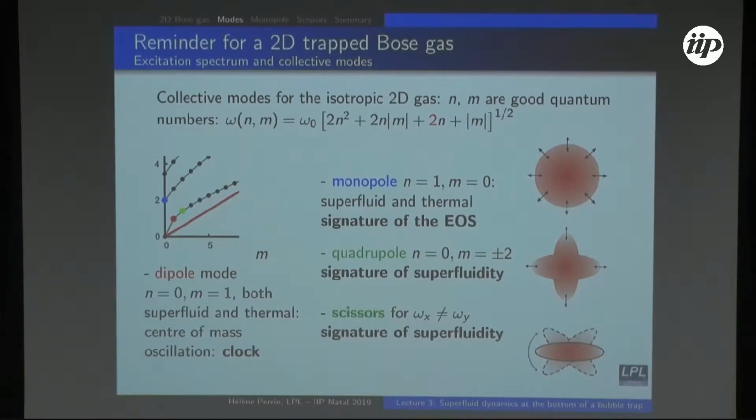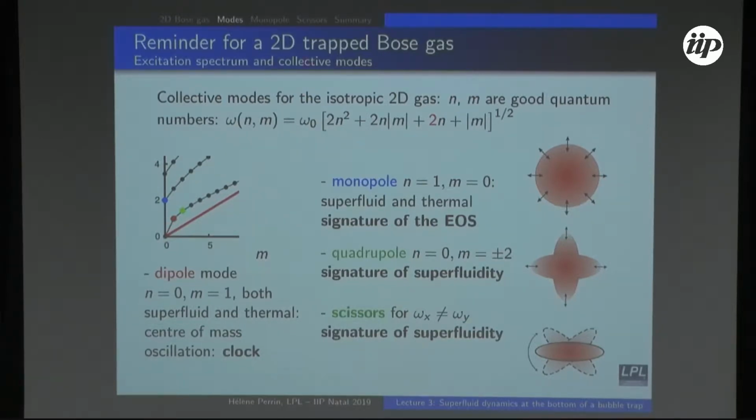It's a zoom of the full spectrum I showed you yesterday. And this is done for an isotropic trap, but then I will also consider anisotropic traps for particularly interesting modes. So the lowest energy mode is labeled.